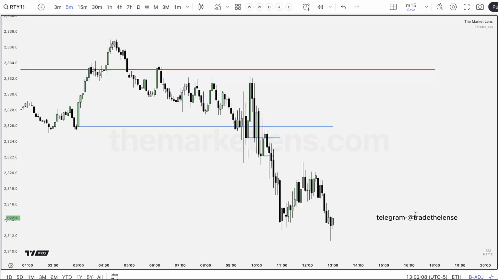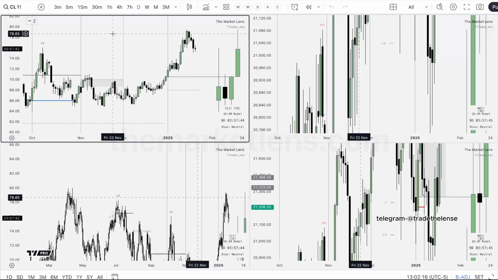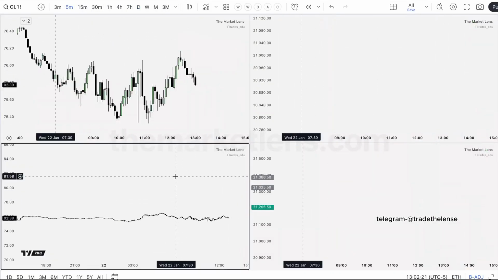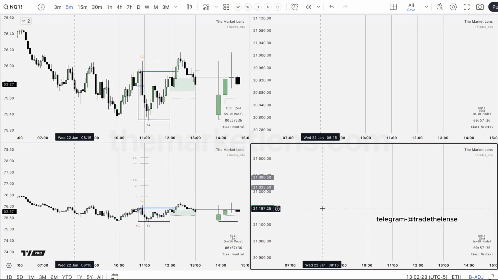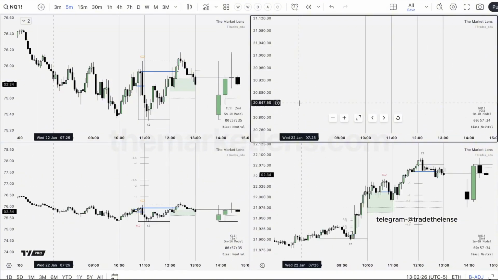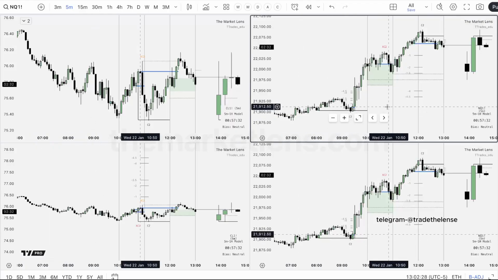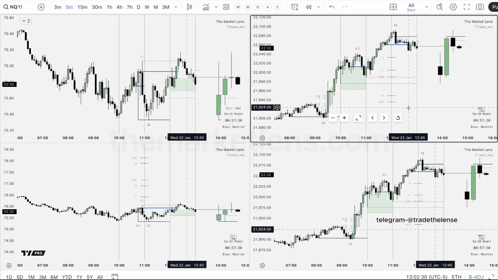How do you do NQ, ES, and I can't find anything? You can't find anything? I mean, these ones are only set for this, but usually there's a few setups.